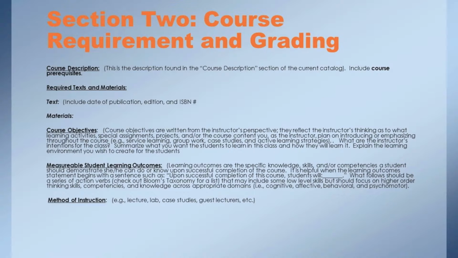Again, this is something that you should be able to get from your department chair, and they will already have this for you. And then you will include the method of instruction. And here you're going to tell if it's a lecture, if it's a lab, if it's a hybrid or blended course. You want to tell your students how they're going to get the instruction in the class. Most classes will be lecture.